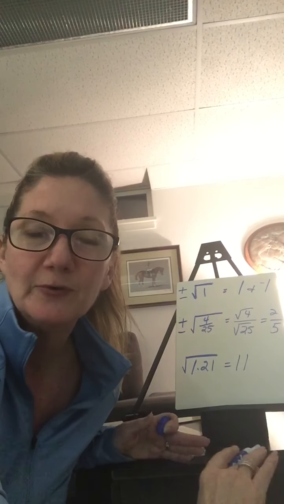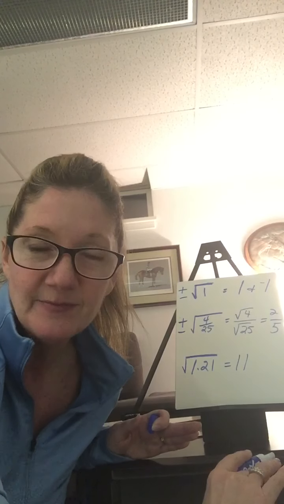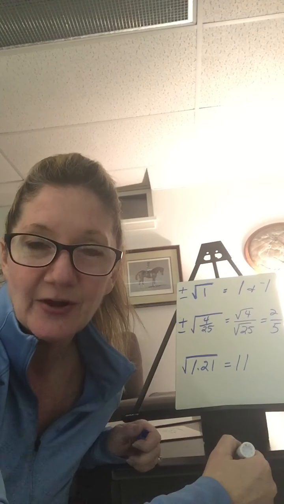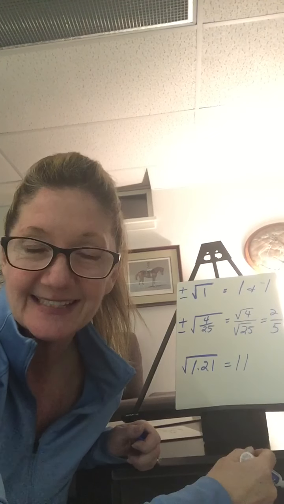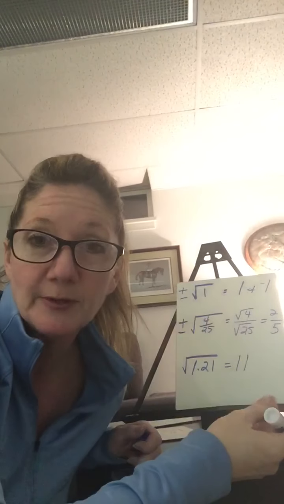Now, you know if you multiply two numbers that have decimal points in them, in the answer, the decimal place goes the number of places, that's the total number of decimal places in your problem.